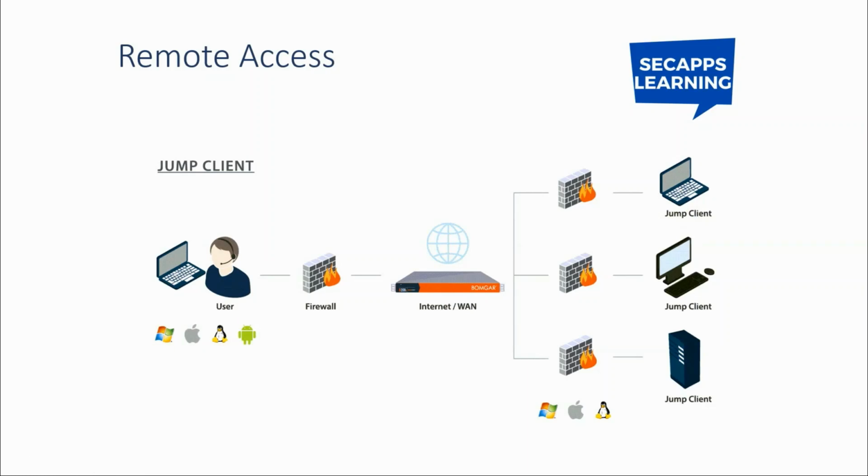In CyberArk, we have the connect button. In BeyondTrust, we have the jump option. So jump clients are the agents which we need to share with the respective team. Let's understand with one example. Let's say there is a server A which you want to connect to. In that case, you will go to the BeyondTrust team and share your details, like these are the things we need to configure and we need to connect.